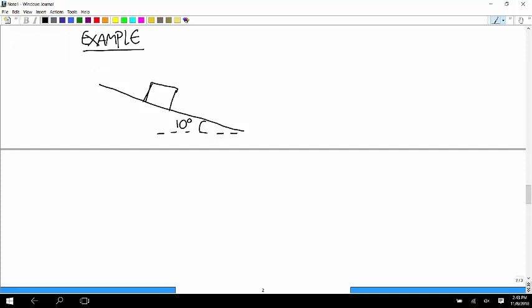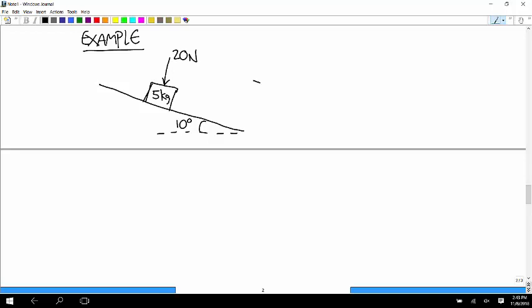And let's say this has a mass of 5 kilograms and there's a force pushing it straight into the surface of 20 newtons.